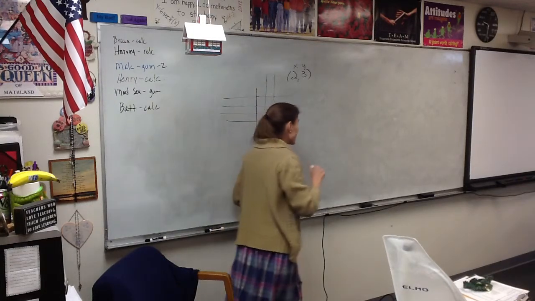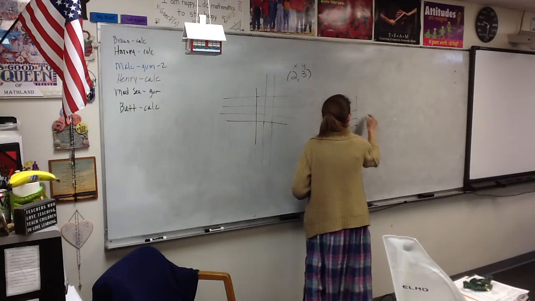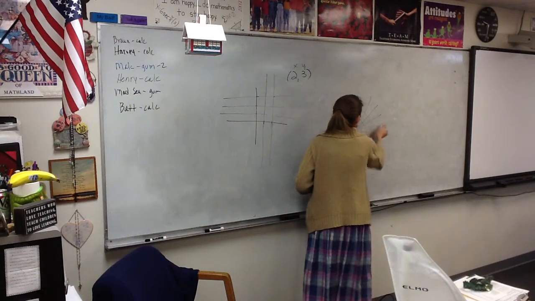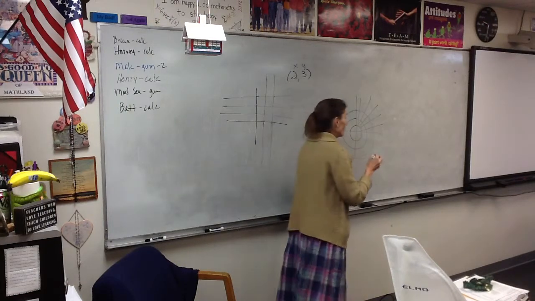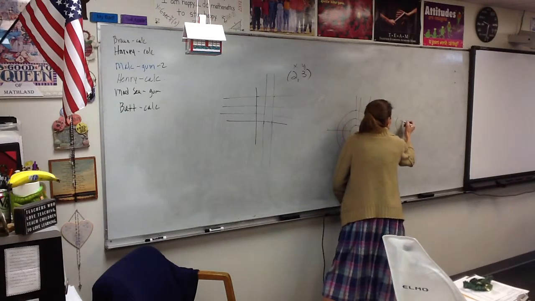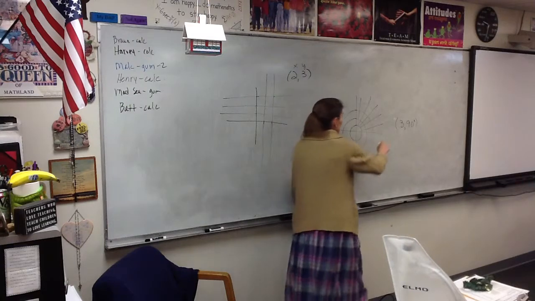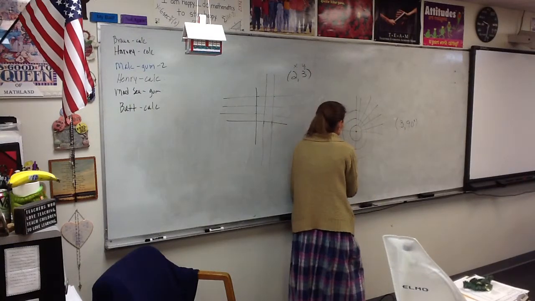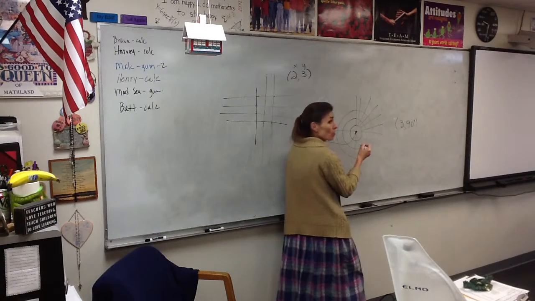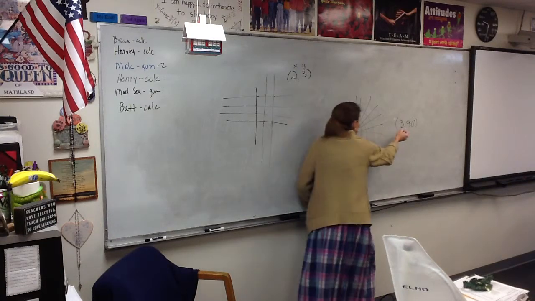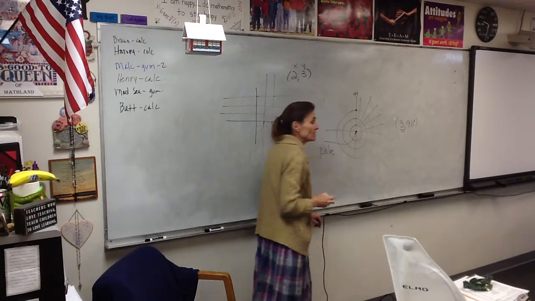We are changing now to a circular system where things will be identified in terms of an angle and a distance. So for example, your ordered pair might look like this: 3, 90 degrees. That means your distance from the origin, now known as the pole, like the North Pole, is 3, 1, 2, 3, and the angle is 90 degrees.